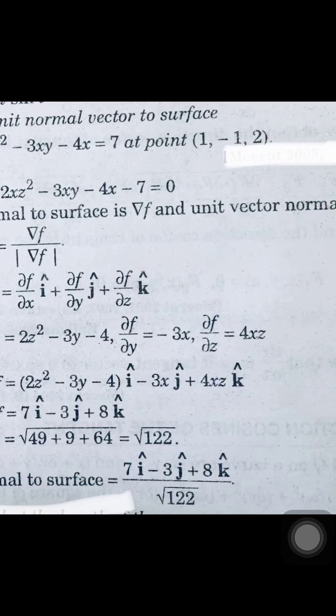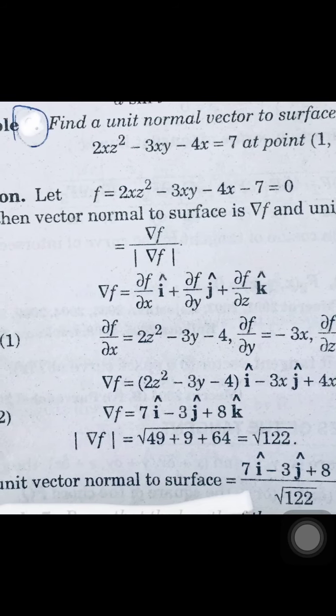So we need the unit normal vector. We already studied in the third slide what the unit normal vector is: gradient f upon mod of gradient f is the unit normal vector. Here f is given to us. So first we find out what is gradient f.